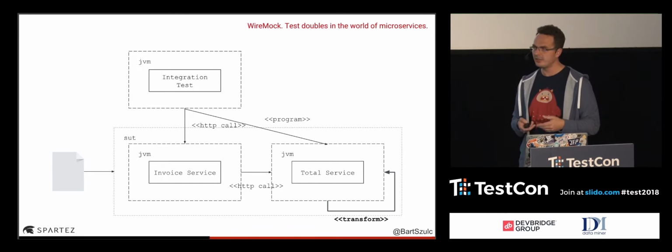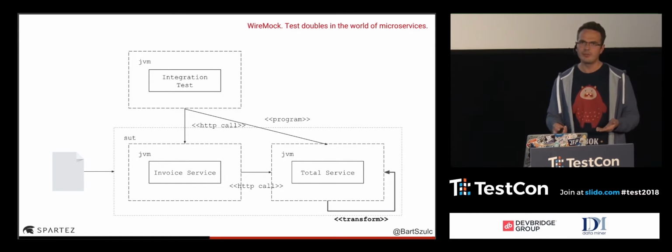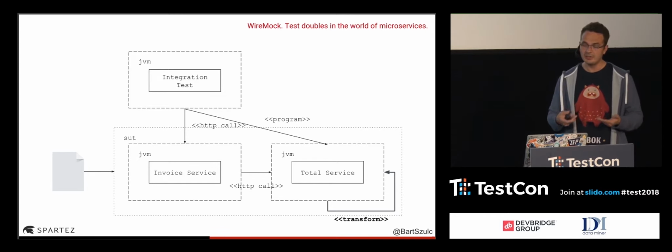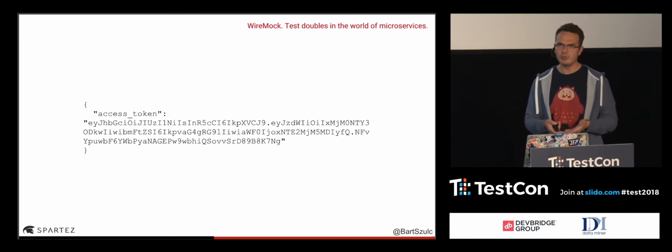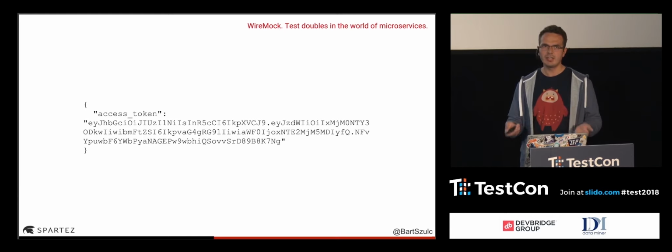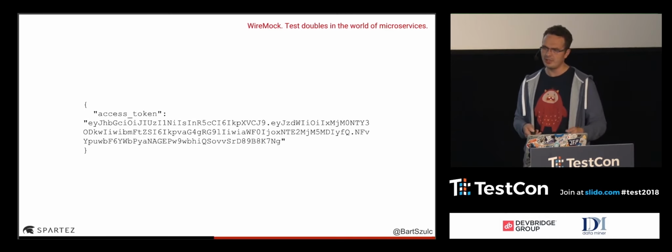You also can use a capability available in Wiremock that allows you to transform and create responses in runtime, and this is something called transformations. So maybe you work with microservices that generate authentication tokens, like in this case it's JWT authentication tokens, and you want Wiremock to always generate valid request tokens every time it's called.